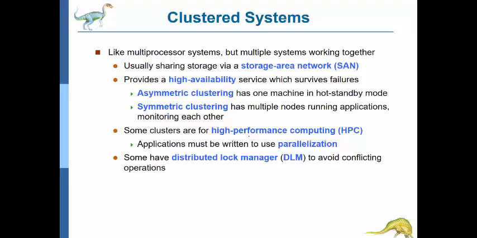Cluster systems: multiple computer devices can cooperate together. We call that a cluster. It is like a multiprocessor system, but multiple systems work together, usually sharing storage, and all the resources are available among themselves. Therefore, we can improve the performance. We call that high performance computing. Cluster systems can also provide parallelization.